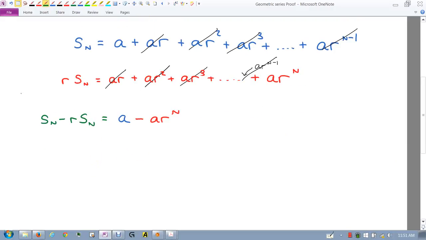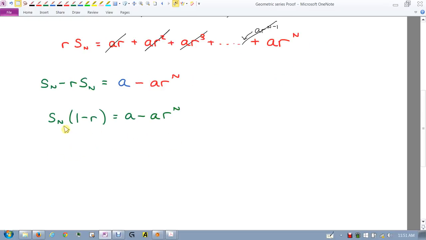On the left side, what do these both have in common? s sub n, pull it out. Factor it. Good old factoring, right? Can you solve for s sub n now? Yeah. Divide both sides by 1 minus r.